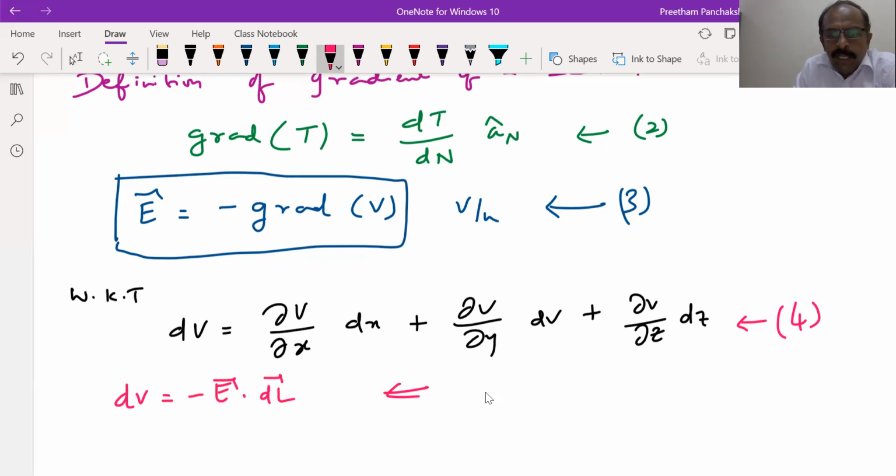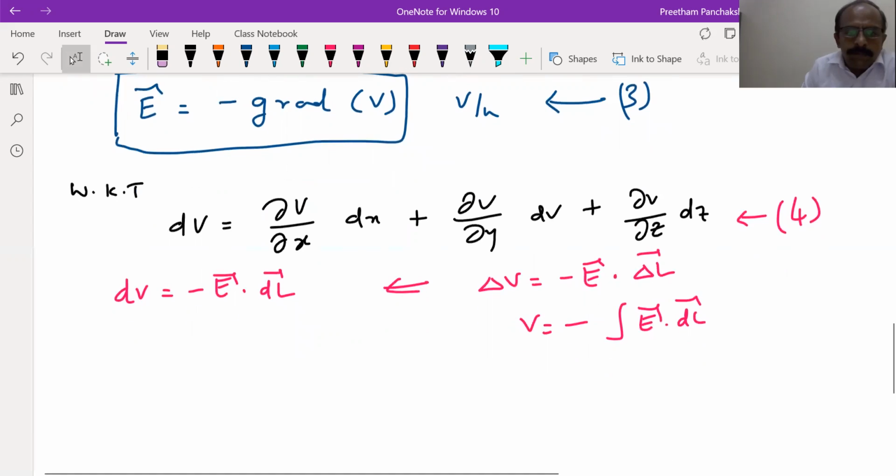This equation comes from delta V equal to minus E dot delta L. This equation we have used already in the beginning of the discussion itself, and which was taken from V is equal to minus E dot dl. We know this one.